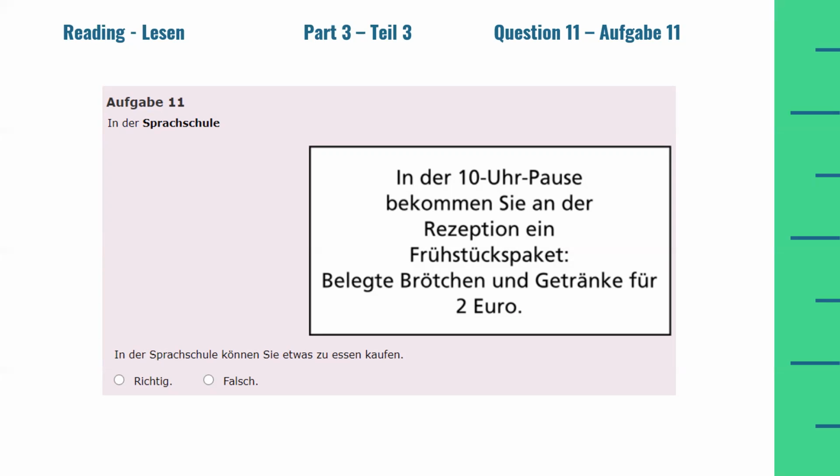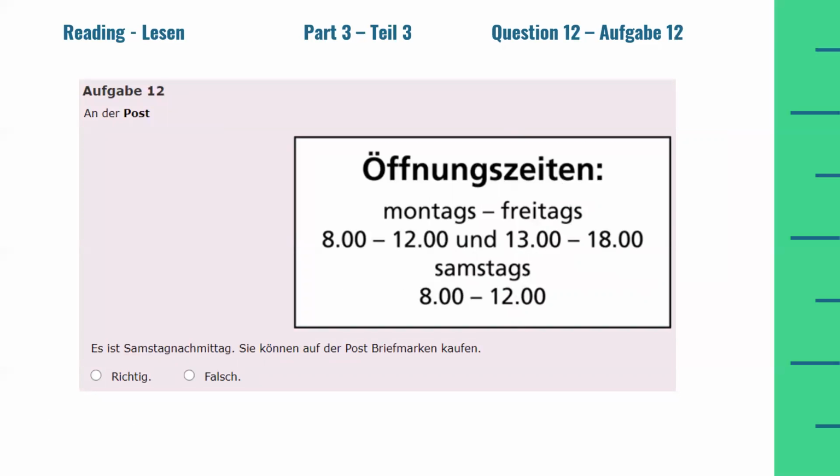So this text says that during the 10 o'clock break, you can get a breakfast packet at the reception where you can get bread and something to drink for 2 euros, which means this is the correct statement. We can get something to eat in the Language Institute.